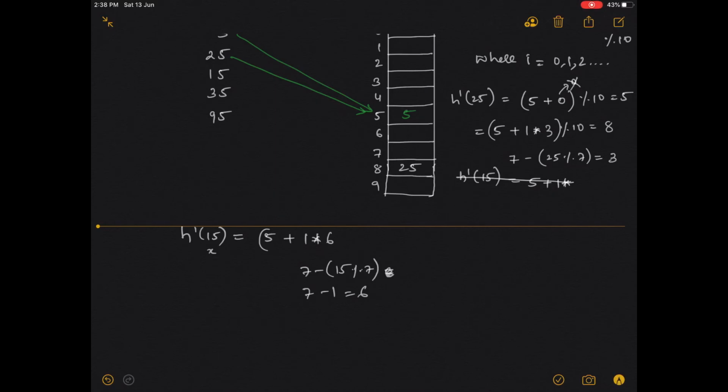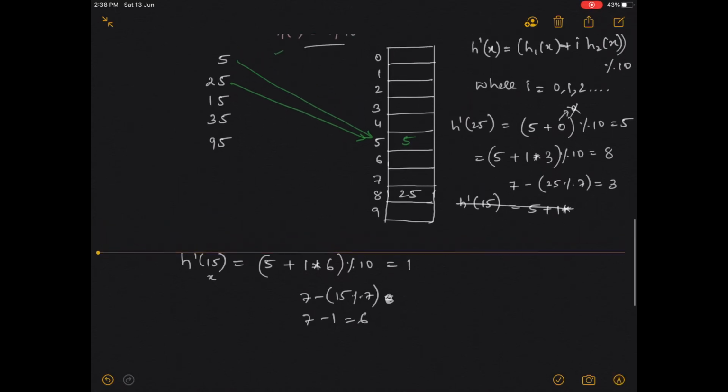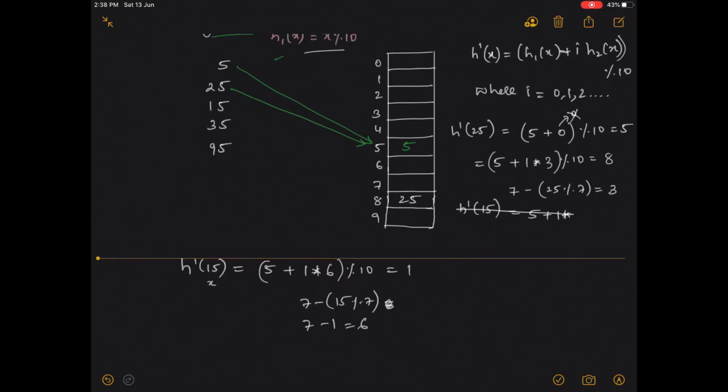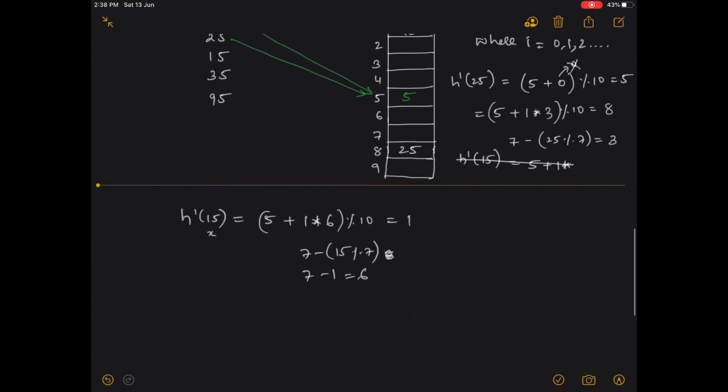So here we have this formula: 5 plus 6 is 11, mod 10 is 1. So in index 1, the 15 is stored. I hope the formula makes it clear. It is self-explanatory.